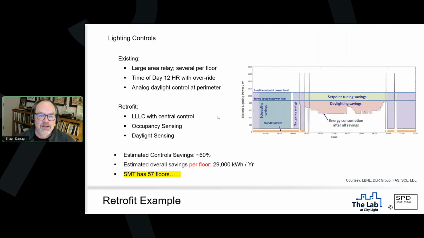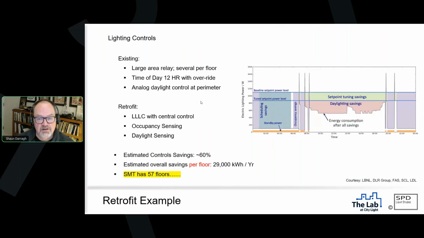When we added in the lighting controls, right, the savings was even higher. So the estimated overall savings for controls in that was going to be 60% savings, with each floor saving 29,000 kilowatt hours per year. So this is a big deal, right, from a savings standpoint.